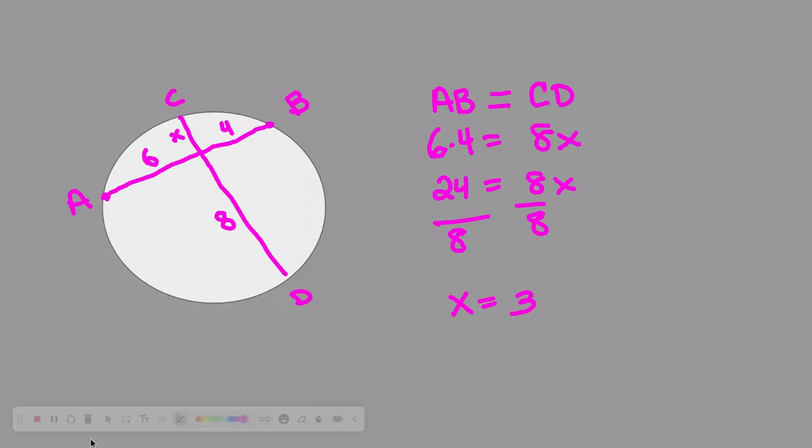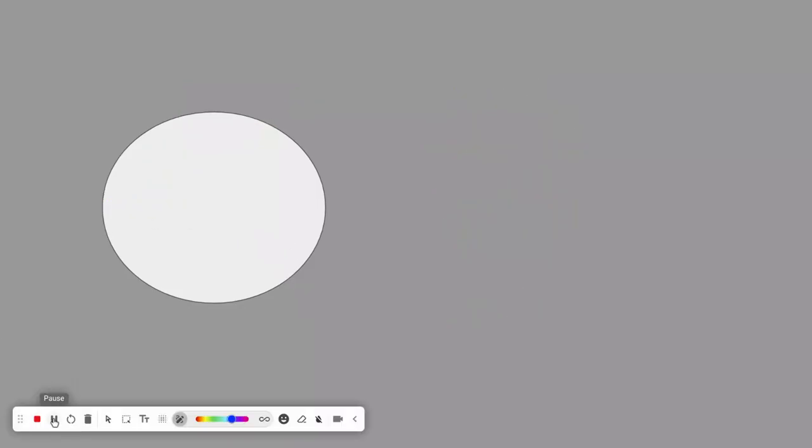So let's do some more examples. So this time, let's put a center. We'll put the center there. We'll call it P, and let's have another chord coming right through the center. Pretend it's straight. And then let's say we have another chord up here, just like before. And we can label them. We'll call them A, B, C, and D. Doesn't matter, the letters.